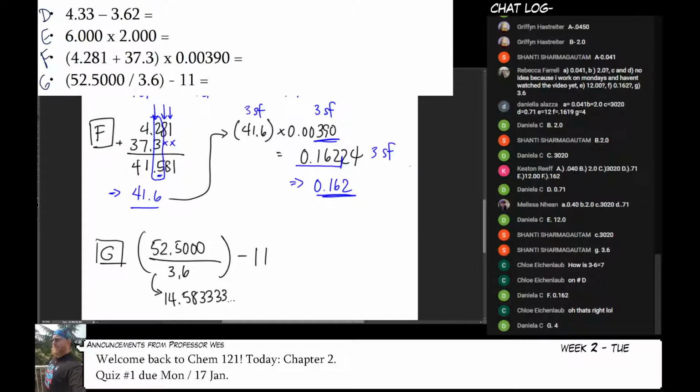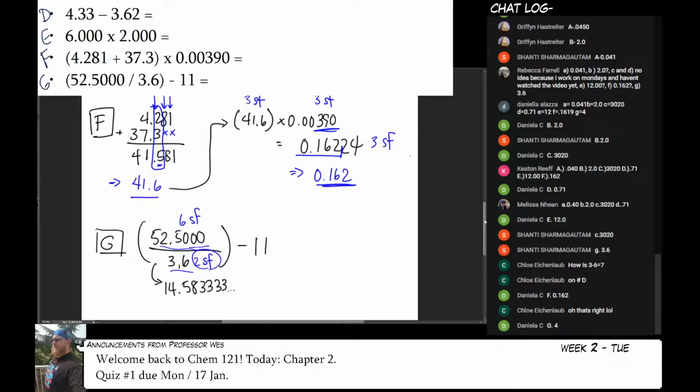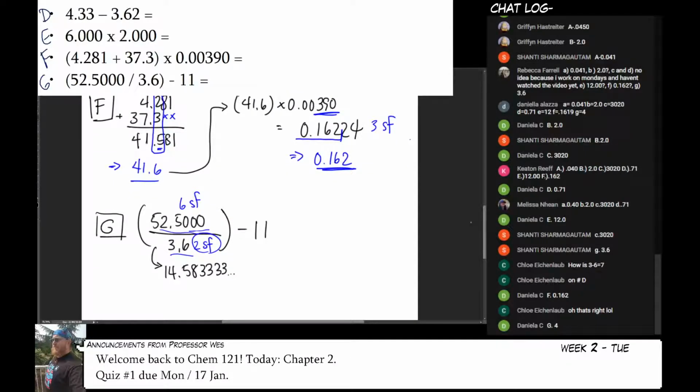Well, this first number, these are all significant, so this is 6. This is 2 sig figs. This is the smaller of the two, since I'm doing division. So my result here needs to have 2 sig figs. And I'm going to pick those 2. And there's my answer for the division part, 15.